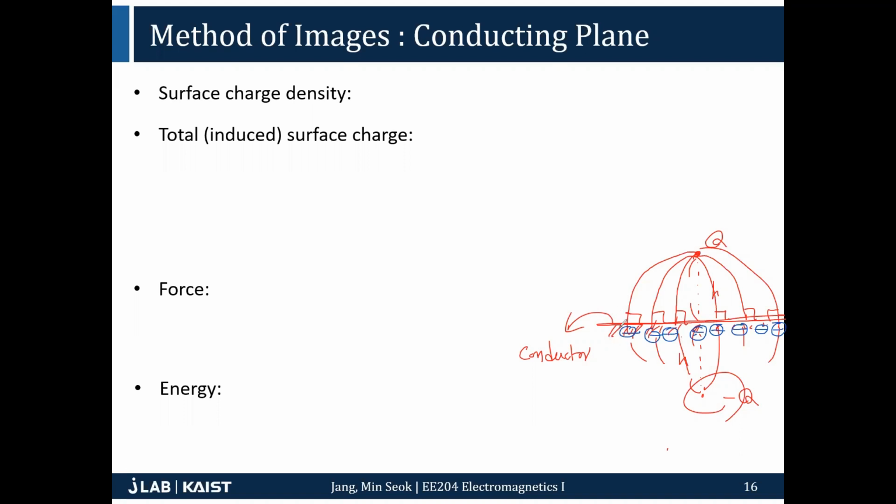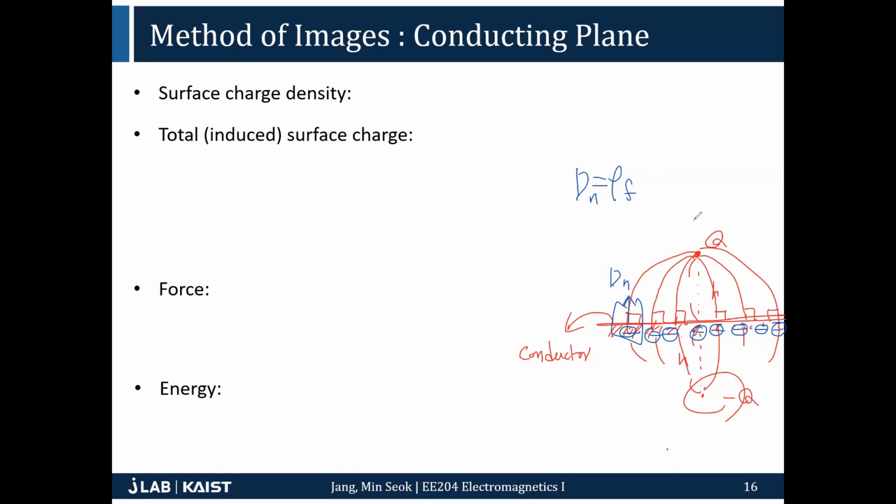Like we learned about boundary conditions at the conducting surface, which was rho_f equals D_n. You remember this. When you have a conducting surface, the surface normal component of the D field should be equal to rho_f, the free charge density.